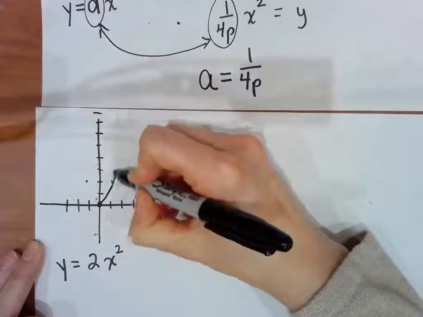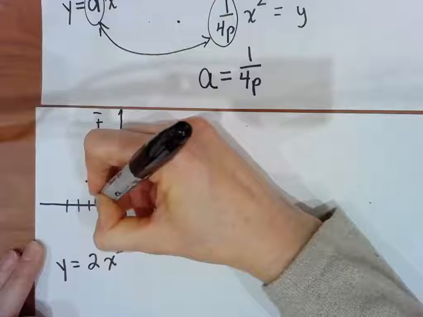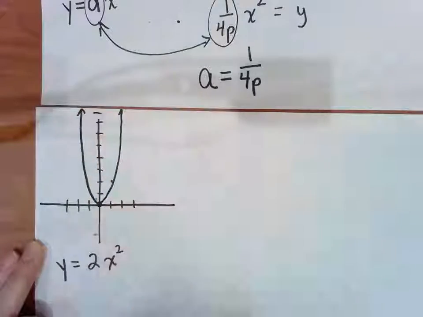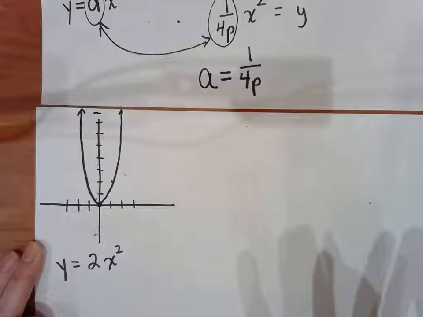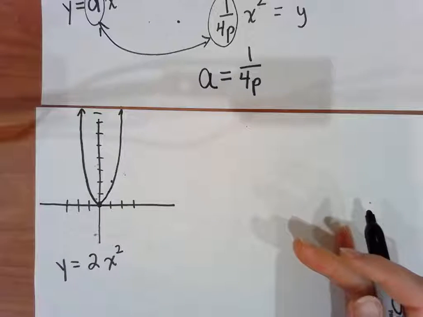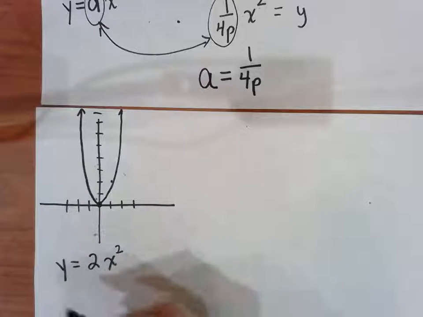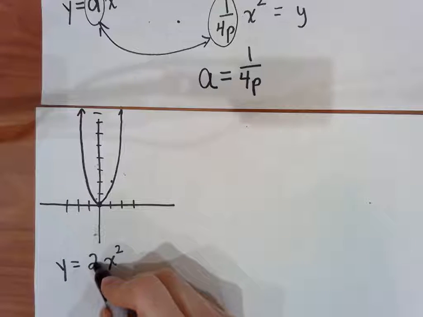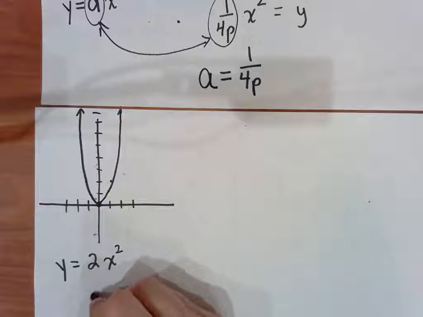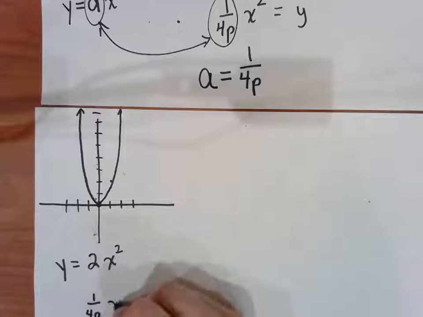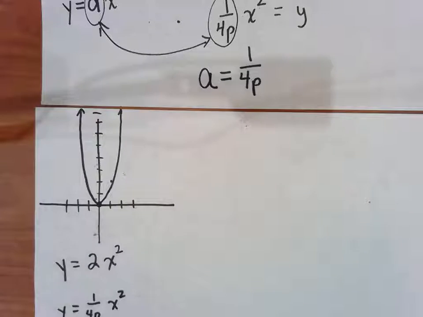We're basically looking like that. Okay, so if we have the question, where is the focus and where is the directrix? Well, we know that to find the focus and the directrix, this 2 is really 1 over 4p times x squared. That's what it has to be.